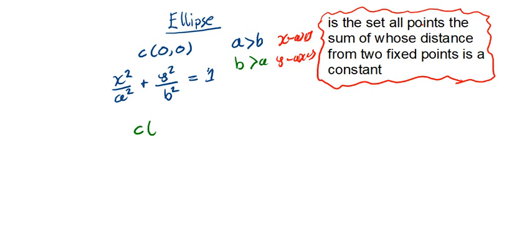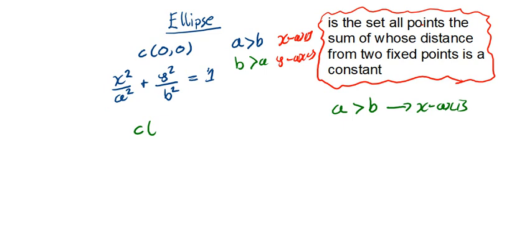Yes. Just wanted to clarify. You said that when the a is greater than the b, the c squared is equal to b squared minus a squared. Yeah, so let me just write it here. Wait a minute. If your a is greater than your b, meaning your equation is on the x-axis, well, that we know by now.